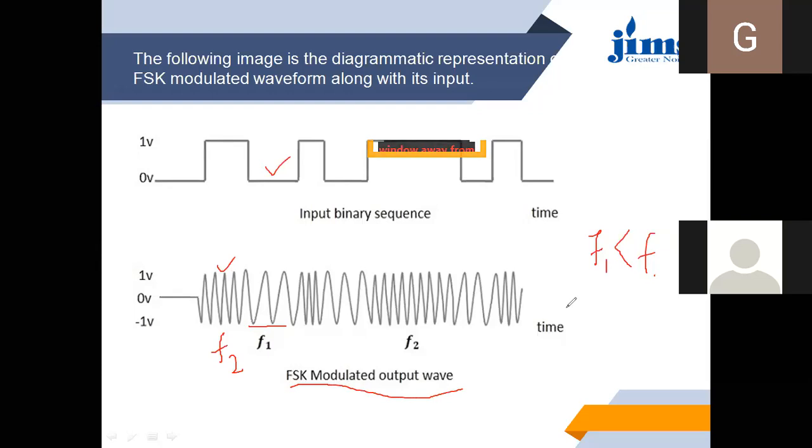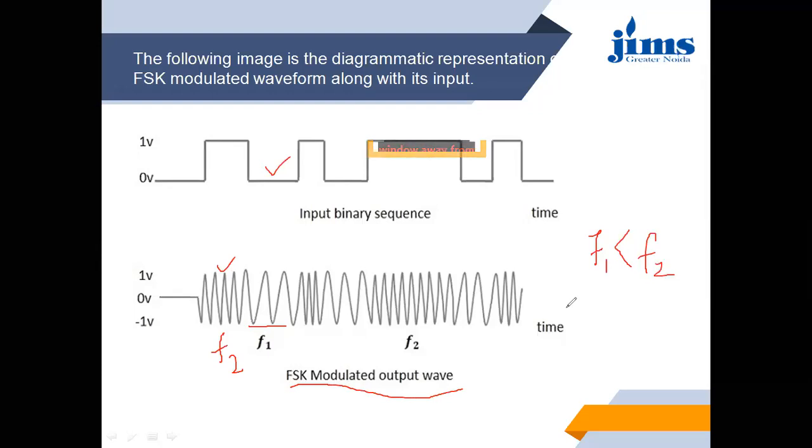Is that clear to everyone? I hope this concept is clear, and that is how we obtain the frequency shift keyed modulated output waveform as shown here. This is the basic concept of FSK. Now I will tell you about the block diagram or transmitter of FSK, the receiver or demodulator, and its various properties and features. Okay, so let's go to the next slide.